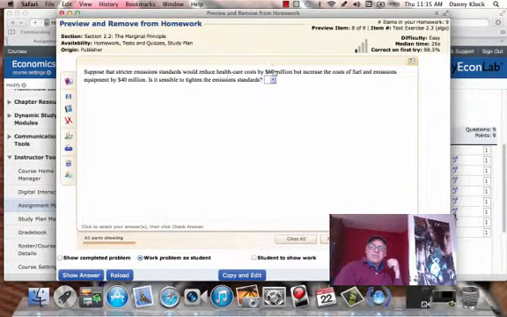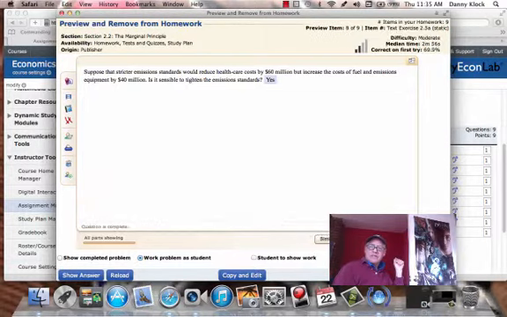So it's going to save healthcare costs by $60 million, but it's going to cost $40 million, right? Should you tighten standards? Yes, right? Unless you have stock in a car company, because then it may hurt your bottom line. But for society, yes, we should.